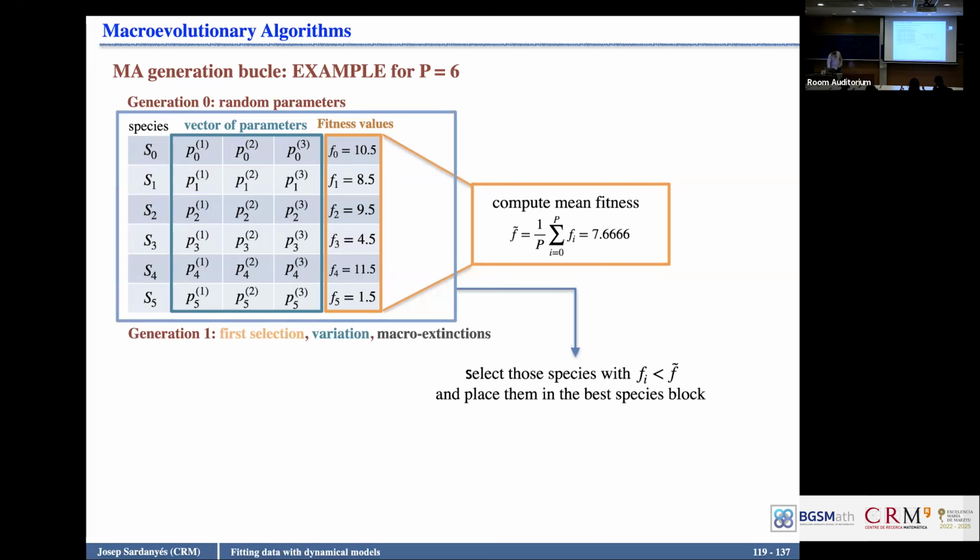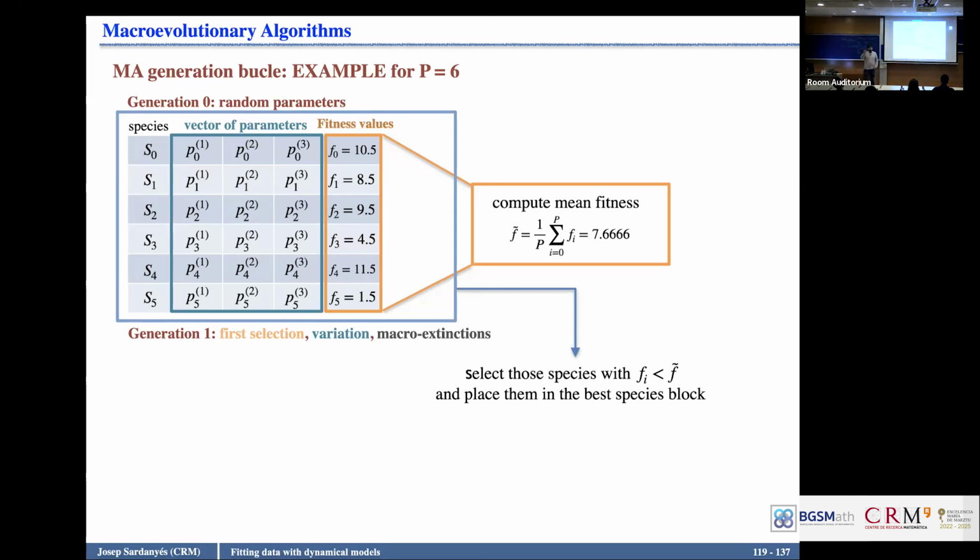I select those species with fitness smaller than the mean fitness, and I put all these candidates in the first block, the DSD block. Here I have 1.5 and 4.5. These are the only ones that are below the mean fitness.